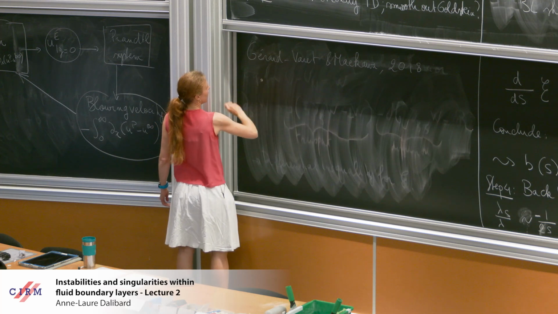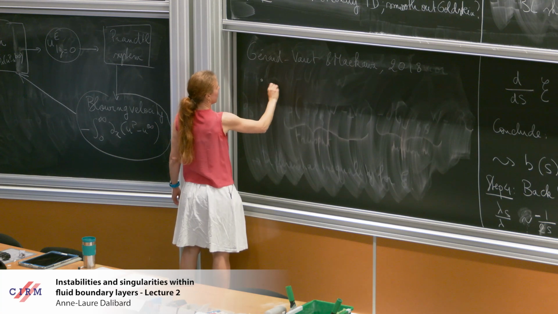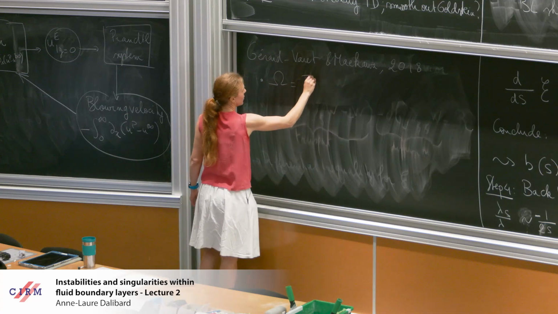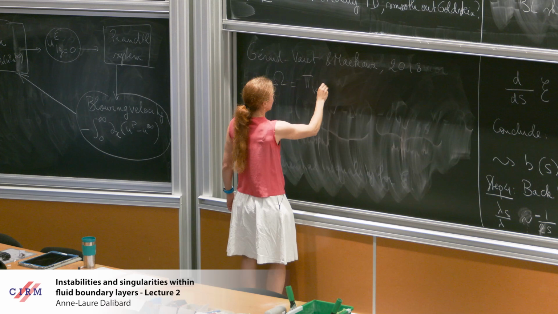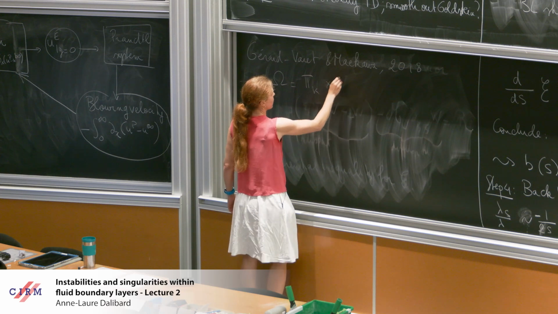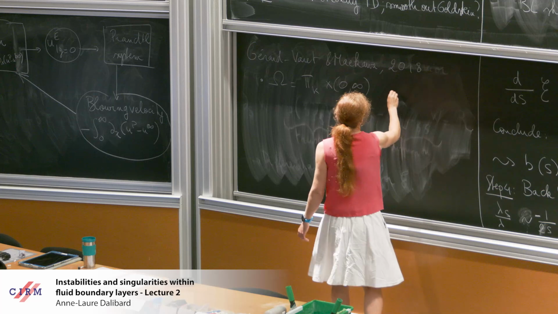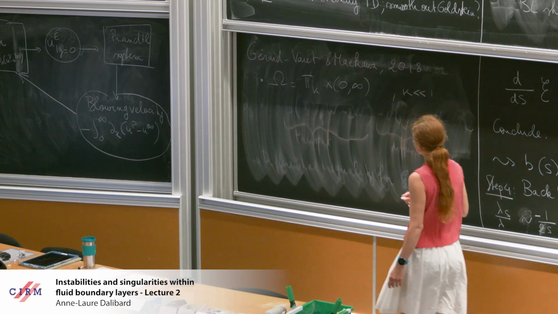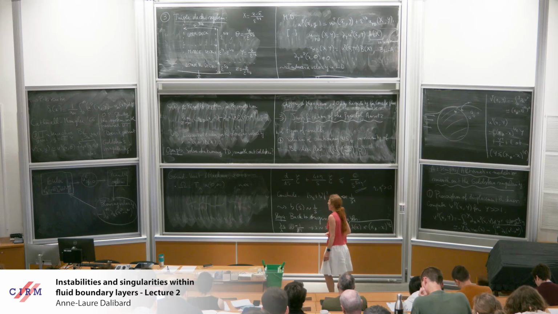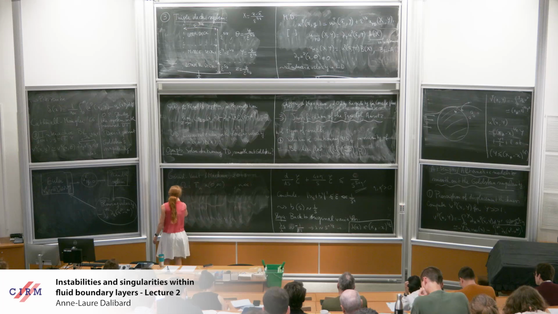They work in a domain omega, which is a small torus of size kappa, cross the half line, with kappa small. And so they are able to prove the validity of the Prandtl ansatz.